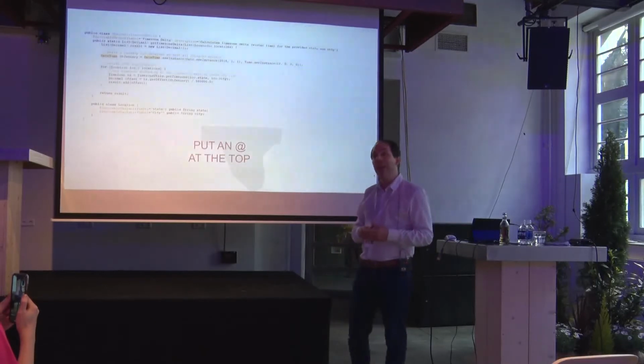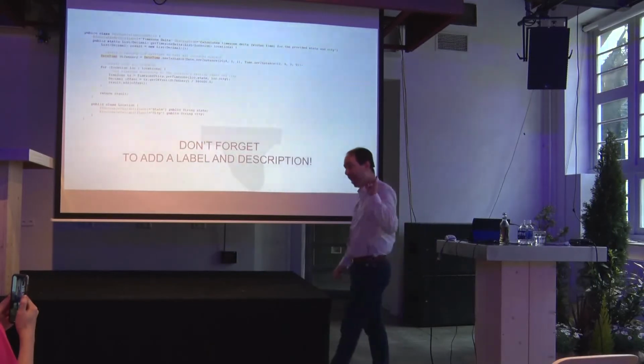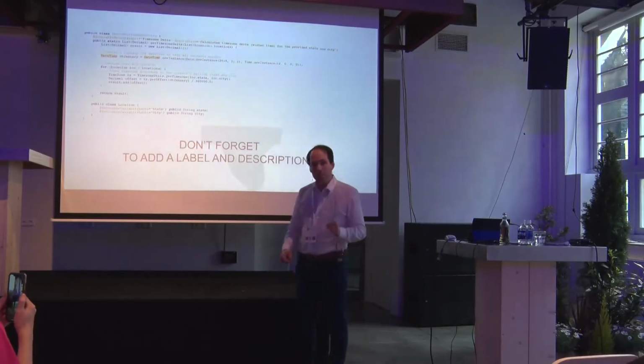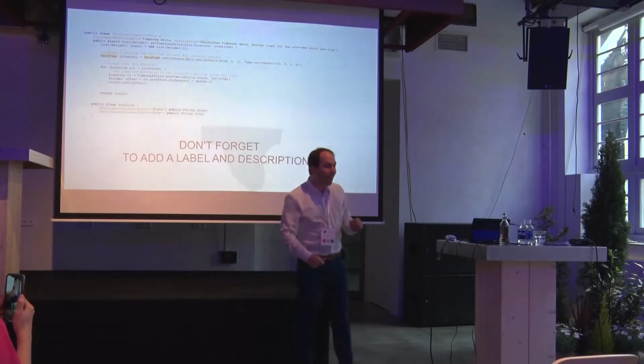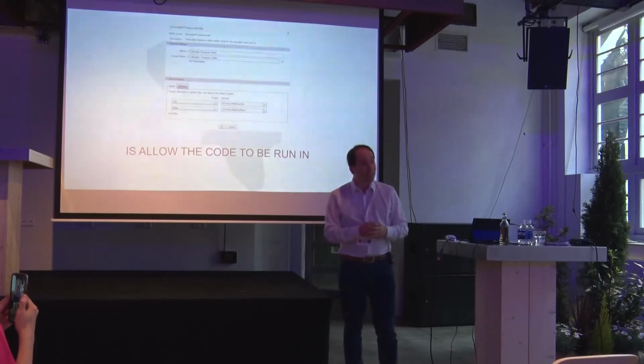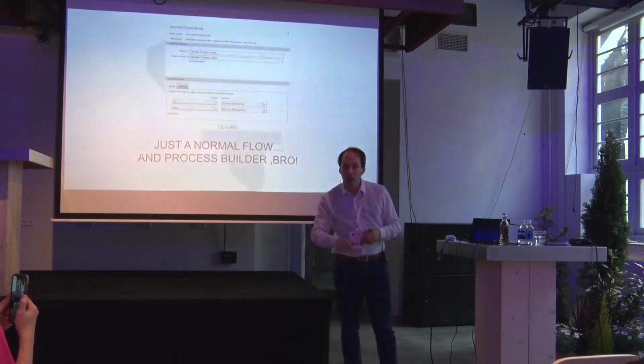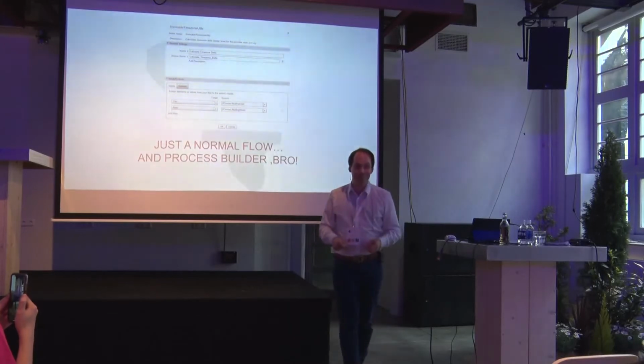Then at the top, an invocable method. Don't forget to add a label and description. What we've done here is allow the code to be running just a normal flow and process builder run.